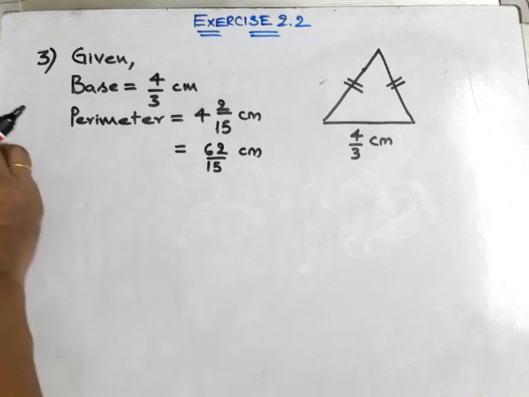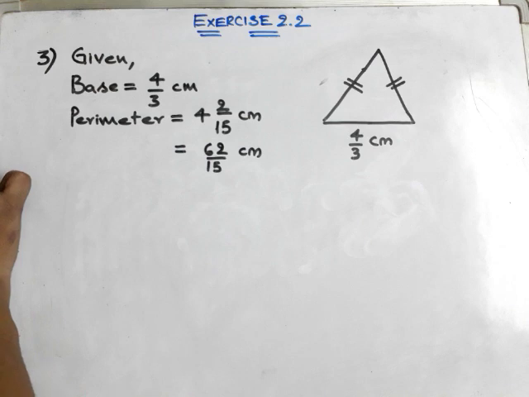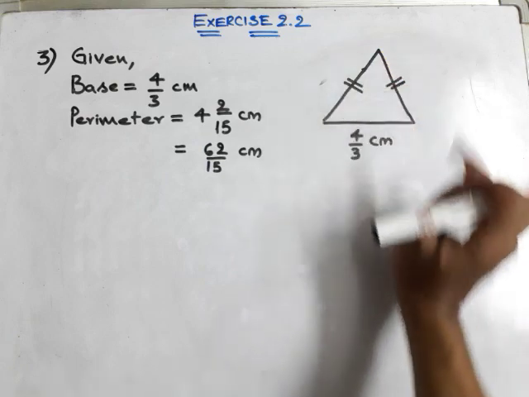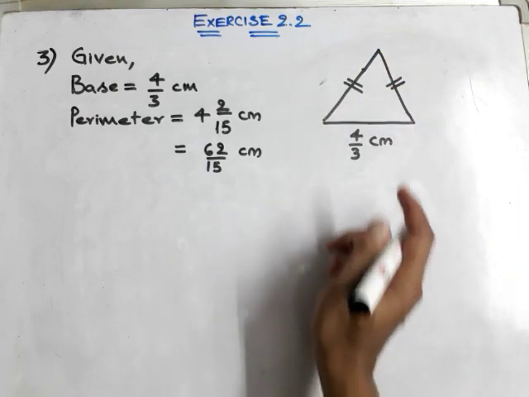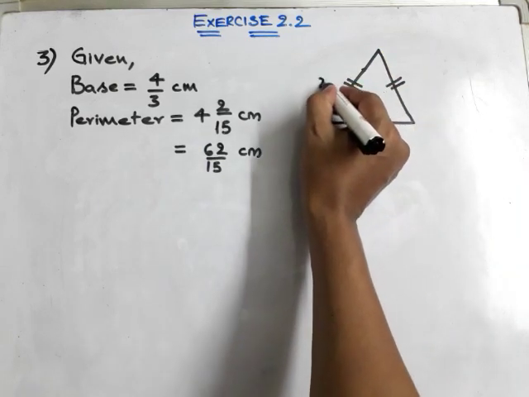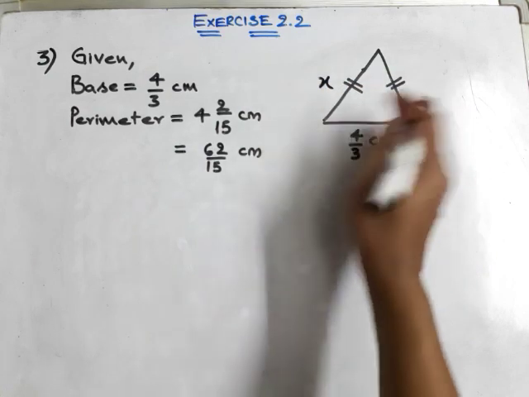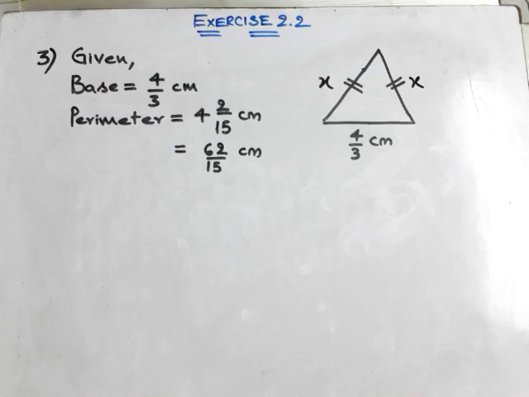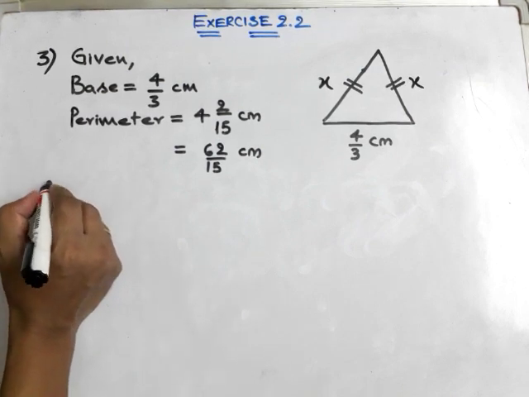Now, the perimeter of the triangle, what is the length of either of the remaining equal sides? So they are asking what is the length of this side and this side. If I say that the length of this side is x, then the other side will also be x. But as we don't know the respective value, we will take that value as x.